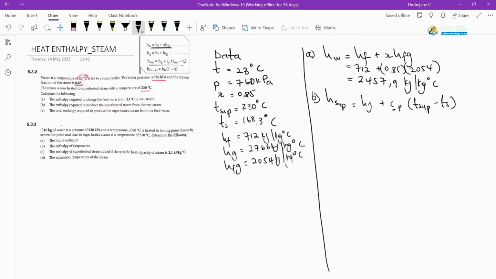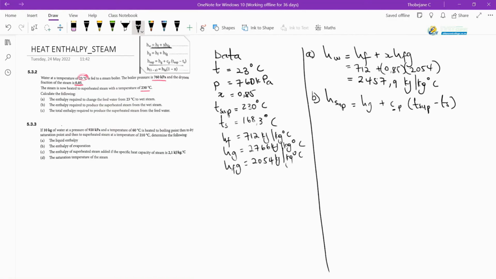Remember, you are going to obtain your specific heat capacity in a question paper, in a table of properties. Normally you'll get a document in your question paper where it contains all the properties and heat values. That is where you are going to obtain your specific heat capacity of steam.